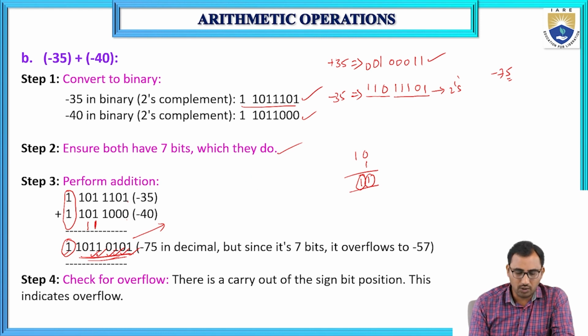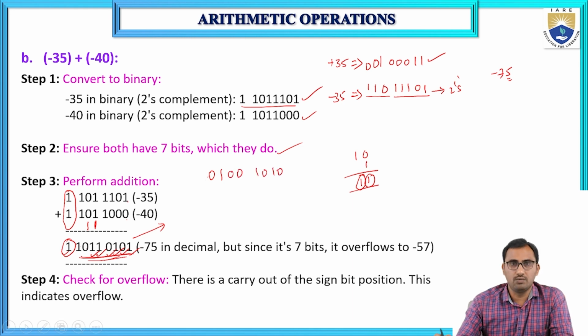So the value is 1011 0101. For that we are going to perform the 1's complement. So 0 1 0 0 1 0 1 0. So this is the 1's complement. If you add 1 to this 1's complement, you will get the 2's complement value. So if I add 1, the LSB becomes 1. So this is the result.